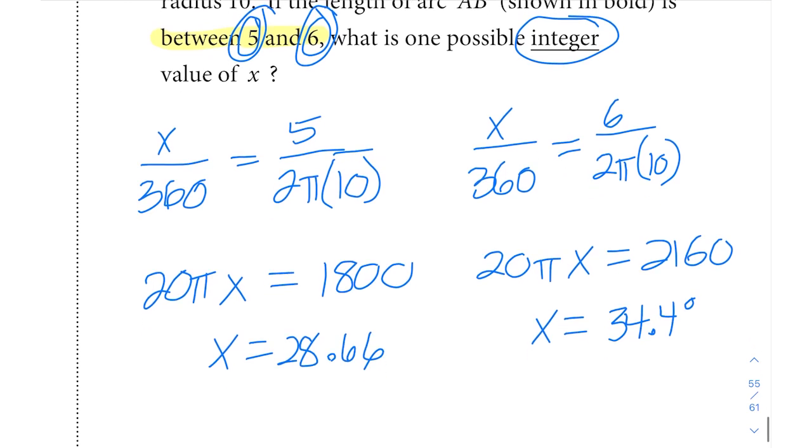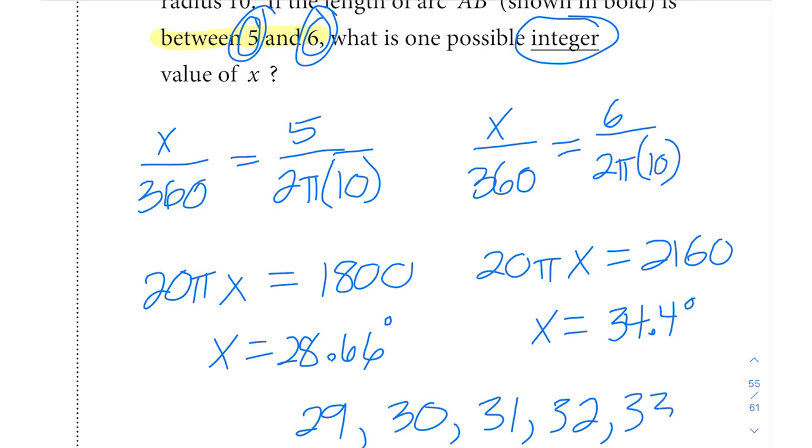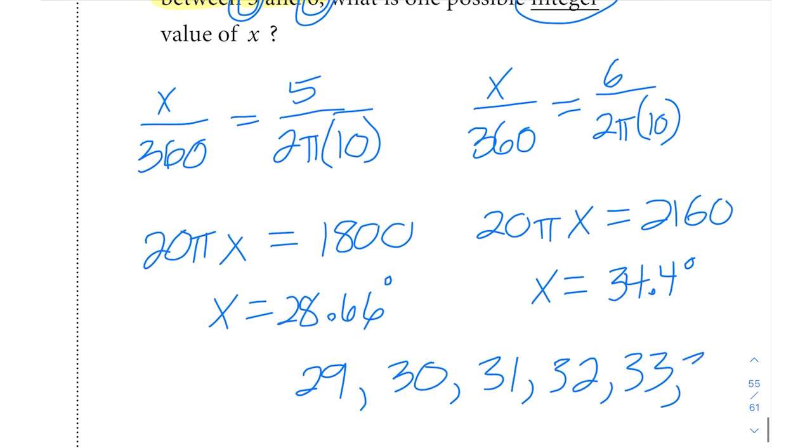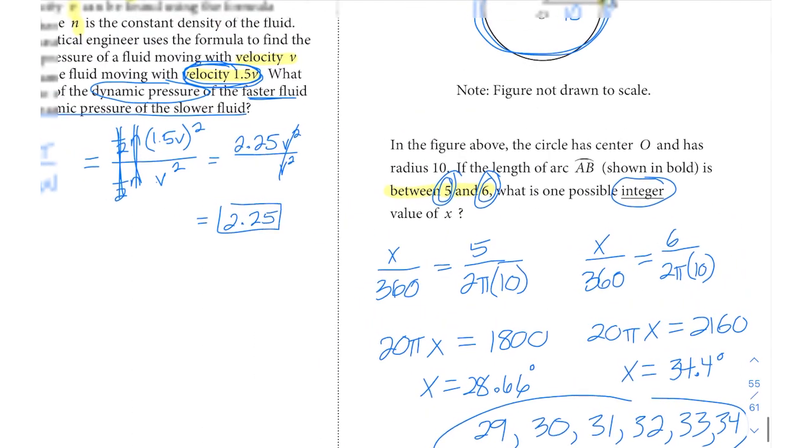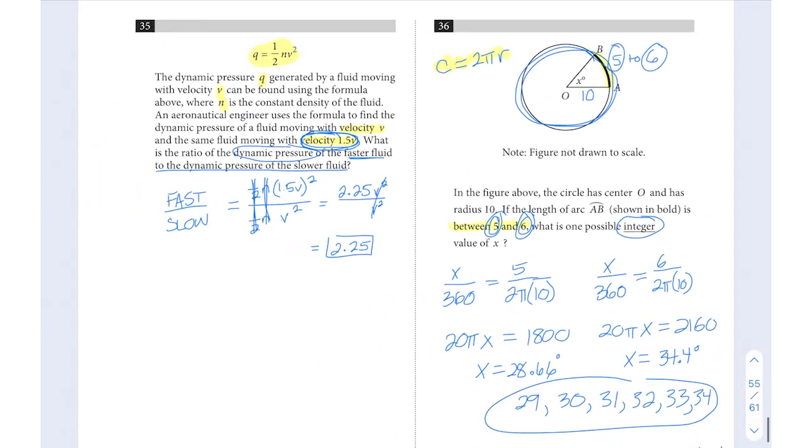And then over here, you'd get x equals 28.66 degrees. And so any integer value in between those, you could bubble in 29, 30, 31, 32, 33, or 34 for your correct answer.